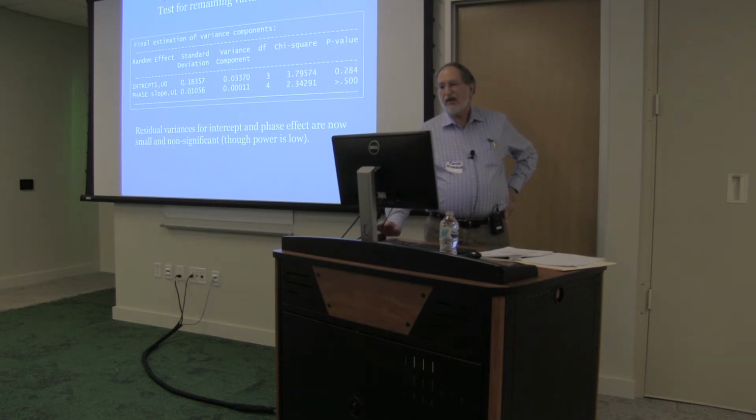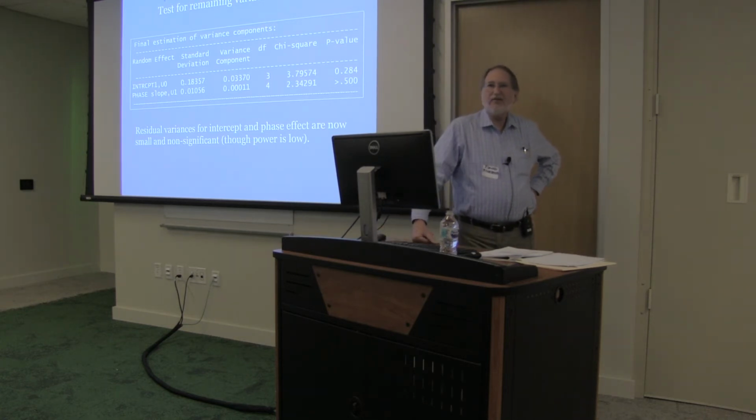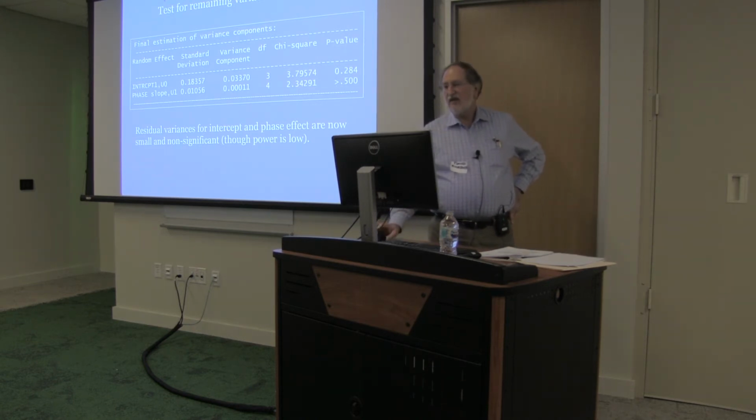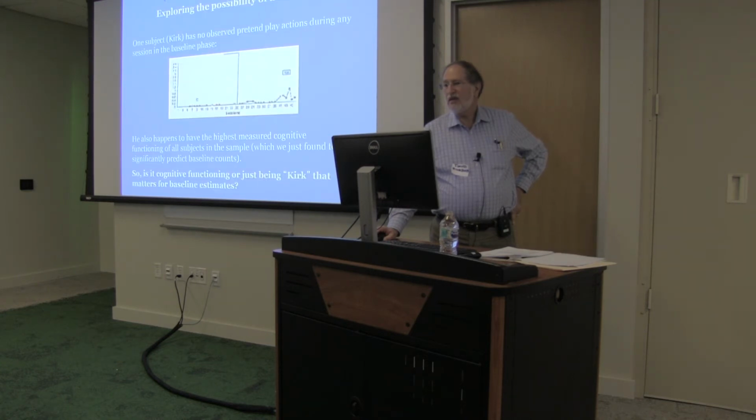And at that point, you can test for remaining variation among the kids, and finding none and the effects being small, I stopped at that point. And oh yeah, remember that one kid who didn't seem to respond at all?